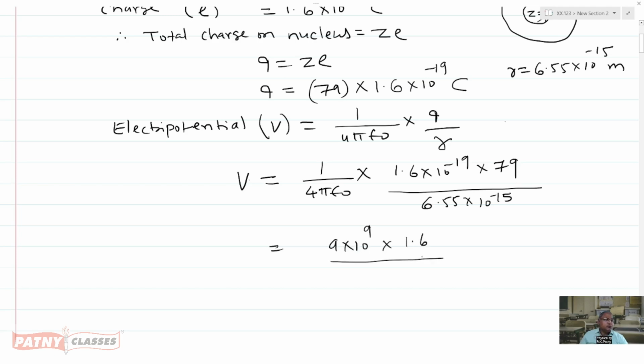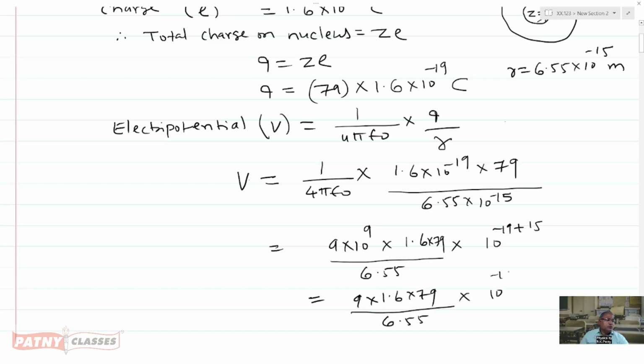So 9 into 1.6 into 79 divided by 6.55 into 10 raised to minus 19 plus 15 plus 9.